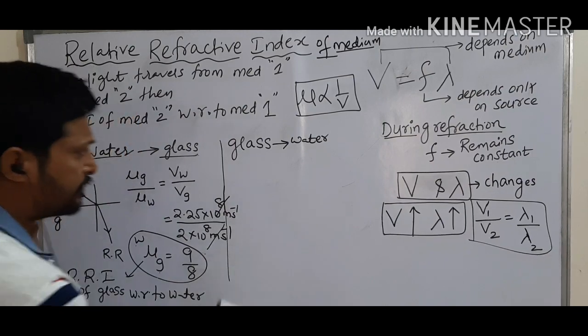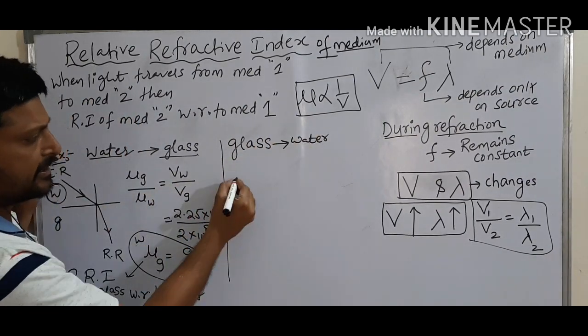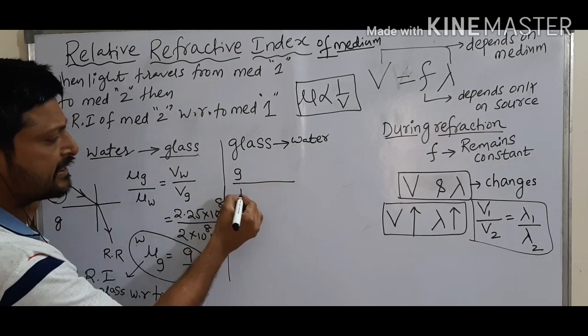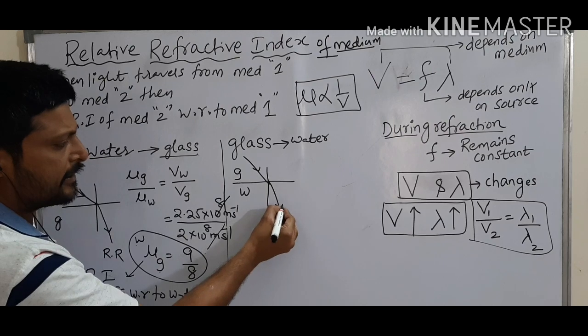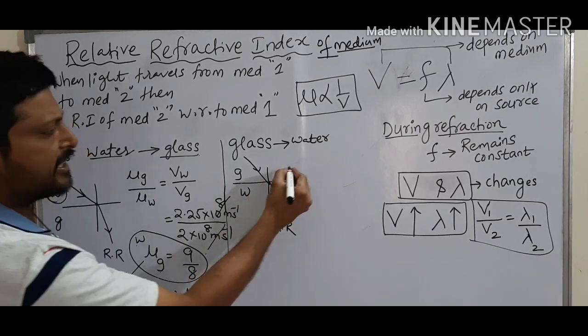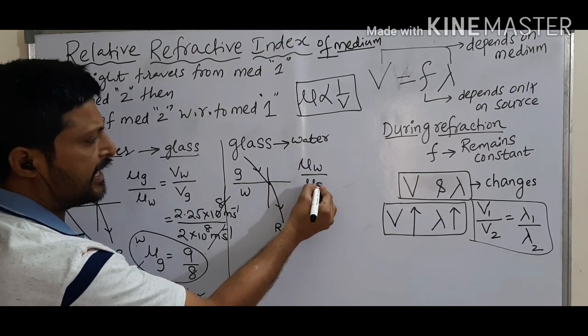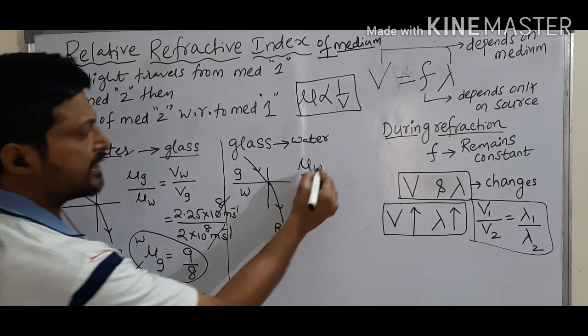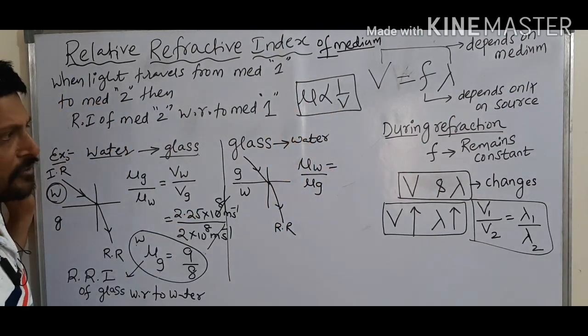Next, light is traveling from glass to water. Glass, water. Now this is the refracted ray. Where is the refracted ray? In water. So the refracted ray is in water, and the light ray is traveling from glass. Refractive index is the inverse ratio of speed of light.